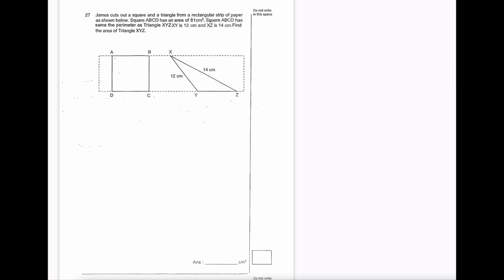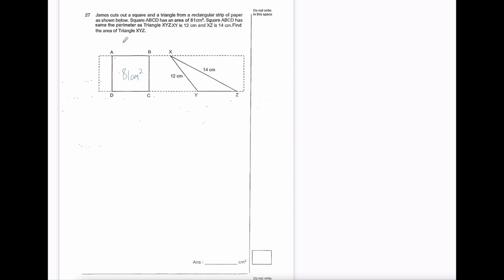Question 27. James cut out a square and a triangle from a rectangular strip of paper as shown below. Square ABCD has an area of 81 cm square. So what's each side of the square? If this is 81 cm square, what times what gives you 81, which has the same number?